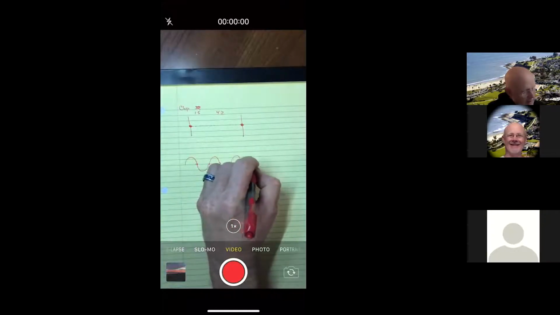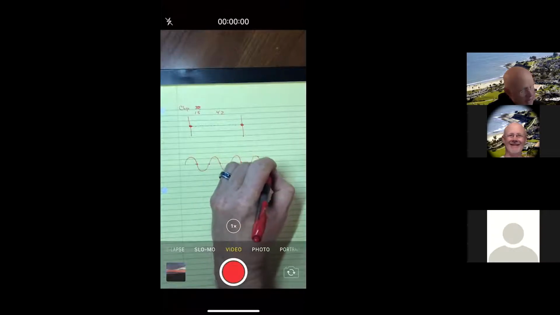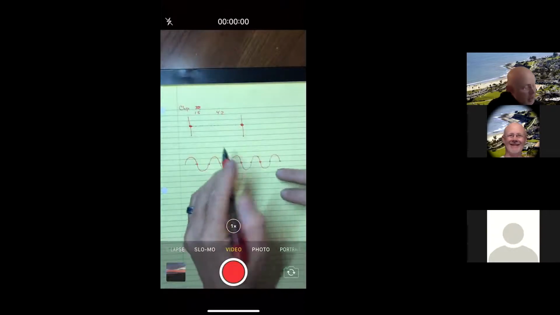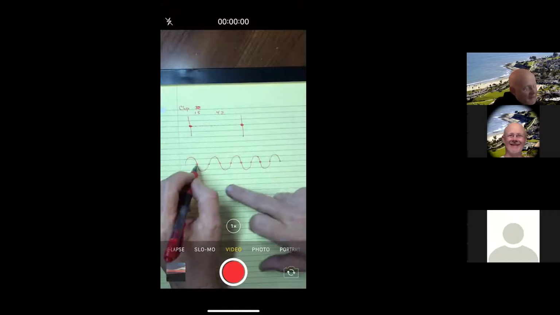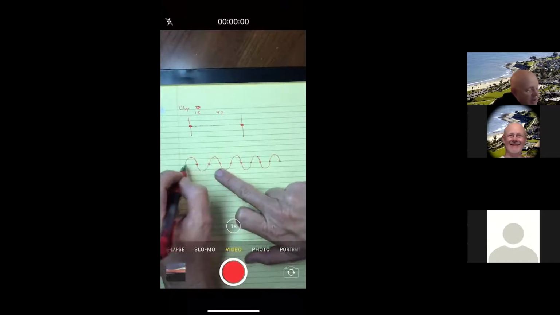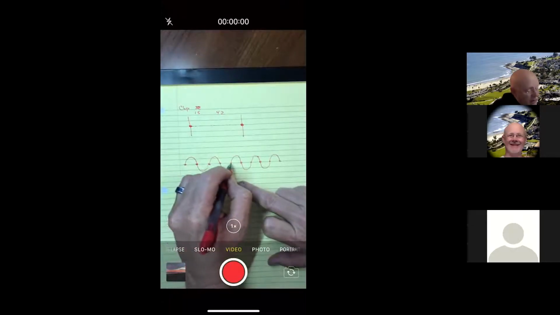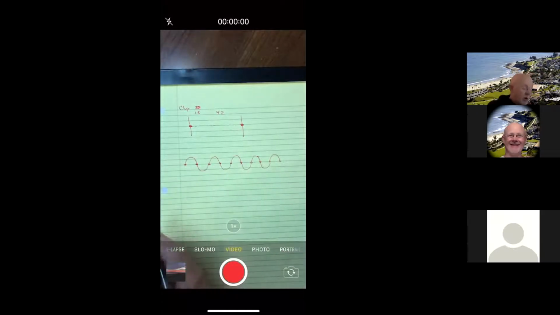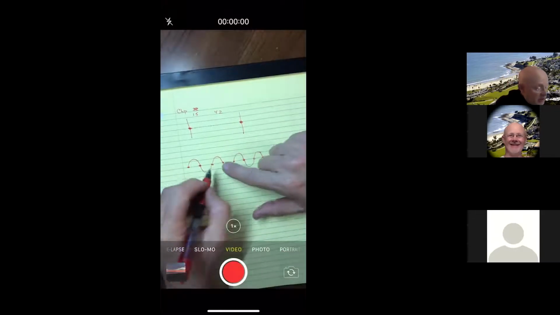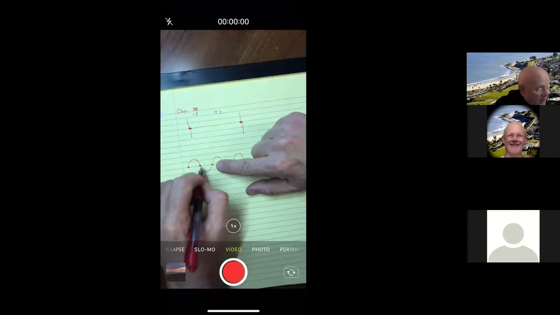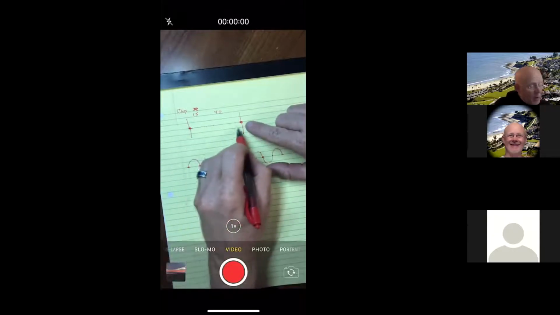Because the ends are tied, both ends have to be one of these locations, which we call nodes. There are a bunch of possibilities. We could go from one node to the next, and this whole thing would be one loop.